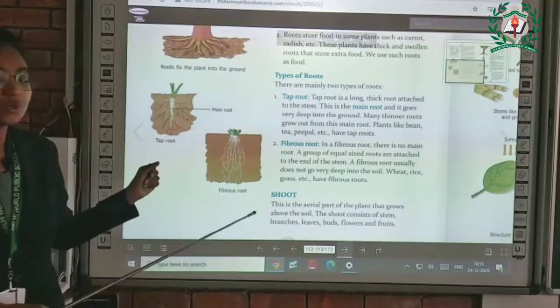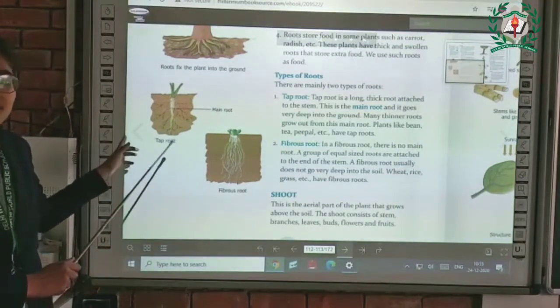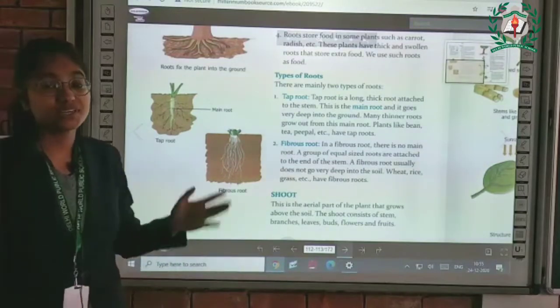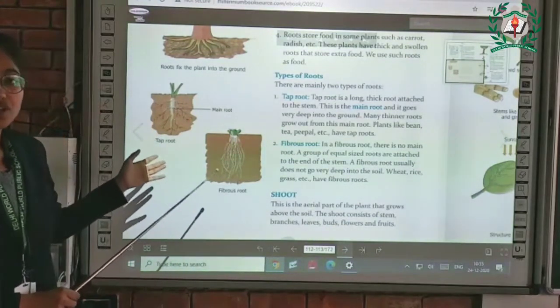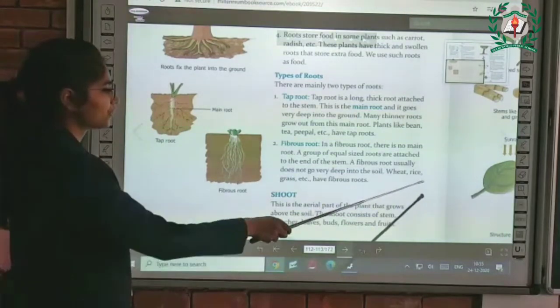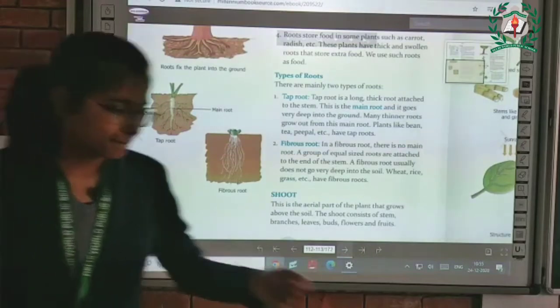So as we have studied that the taproot goes deep in the ground, the fibrous root doesn't go deep in the ground. And see, examples of fibrous root are wheat, rice, grass. These plants have the fibrous root.